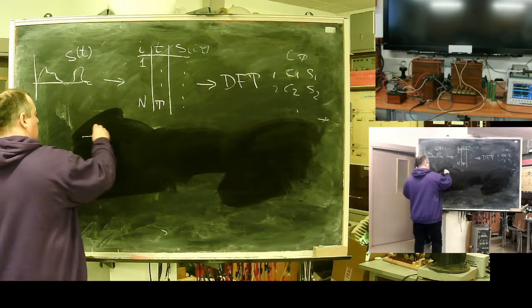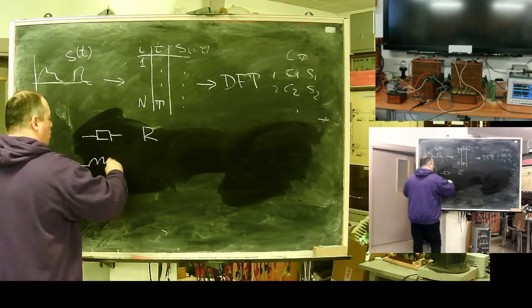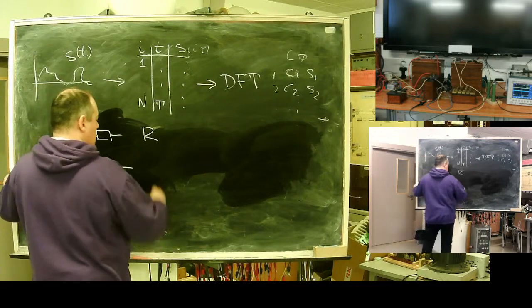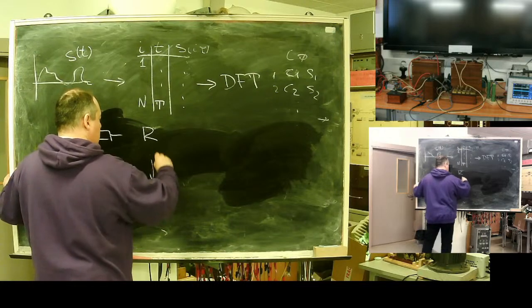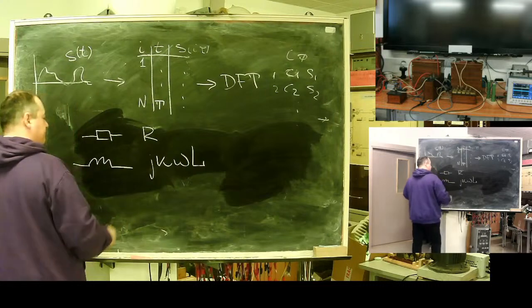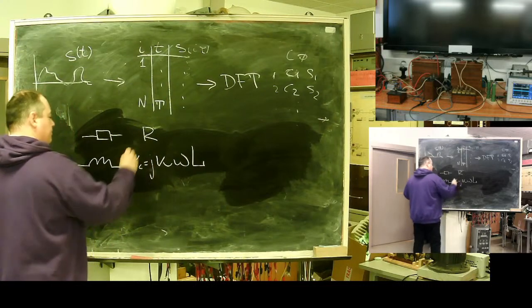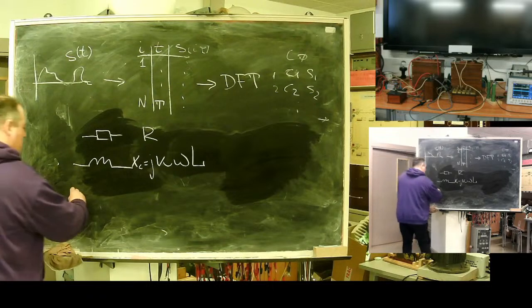So for active resistance it will remain R. For coils, j k omega L. Because if you double the frequency, impedance will double, triple, and so on.